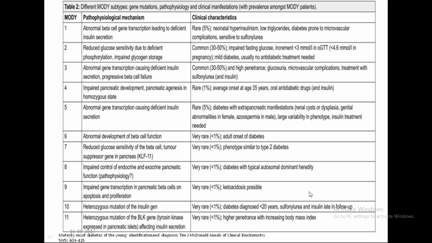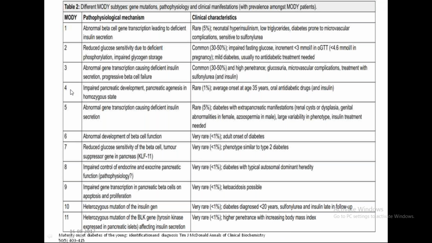If at all you have to remember, you have to remember the eighth form, which is autosomal dominant, and ketoacidosis is expected in the ninth form, and diabetes diagnosed less than 20 years. Sulfonylurea and insulin late in the follow-up can be given in case of 10. And BLK gene, tyrosine kinase expressed in pancreatic islets, that is also very rare, high penetrance with the body mass index.